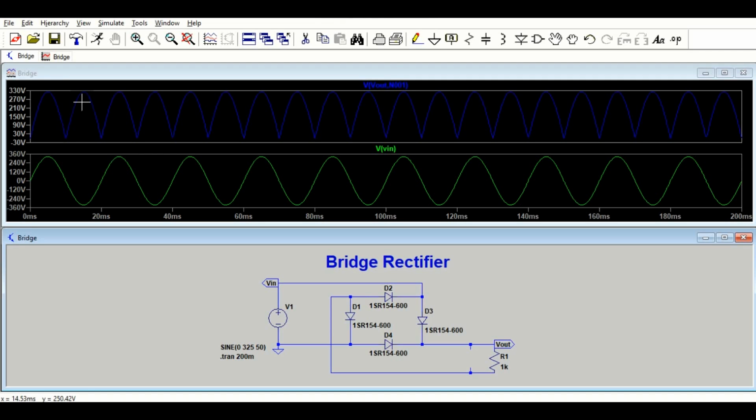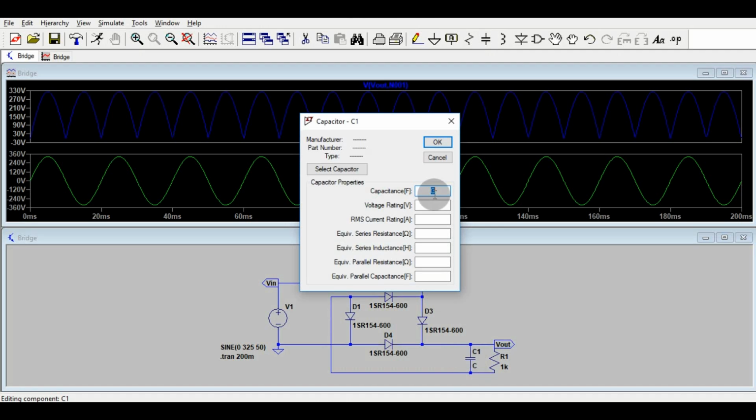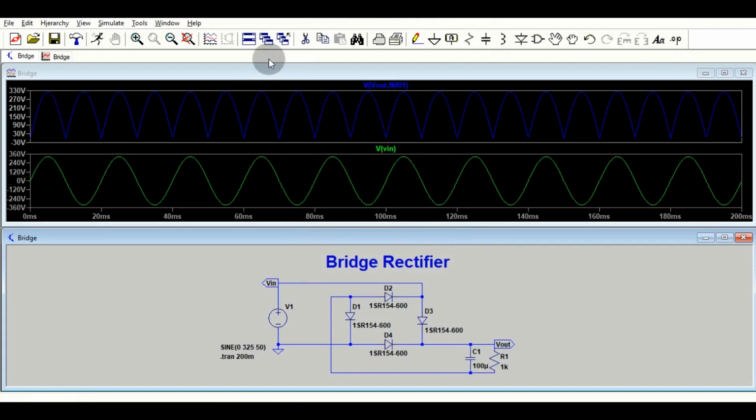So if you want to get the pure DC output, you have to have a filtering capacitor over here. So let me connect one capacitor here. The value of this capacitor, let us say 100 microfarad and 400 volt. Okay, let me run the simulation again.